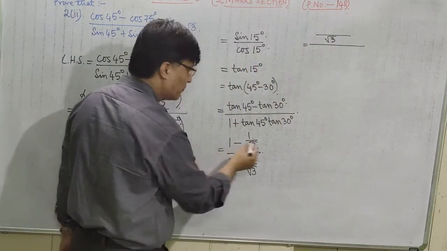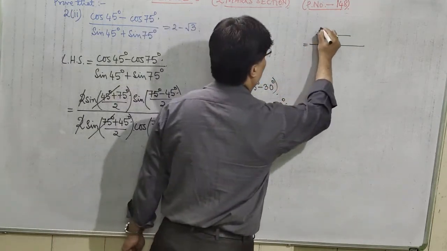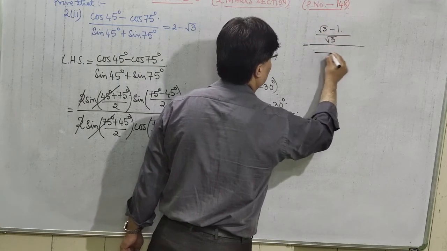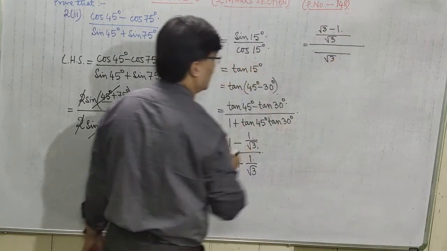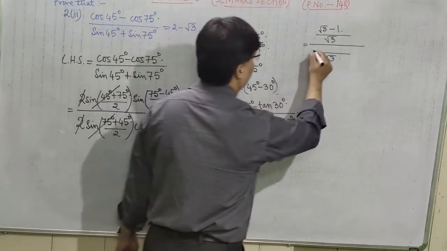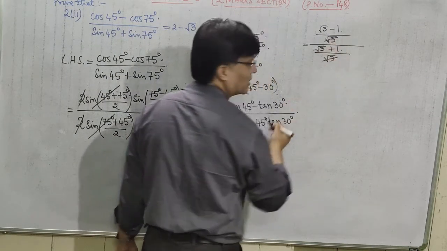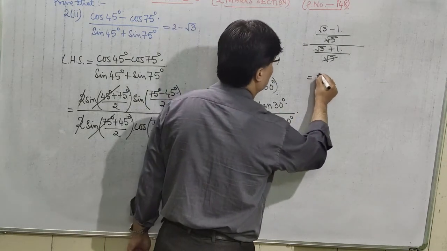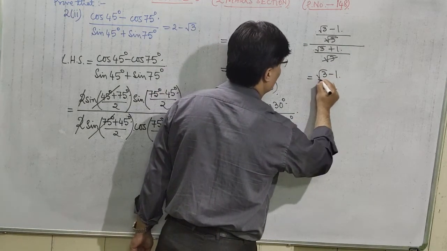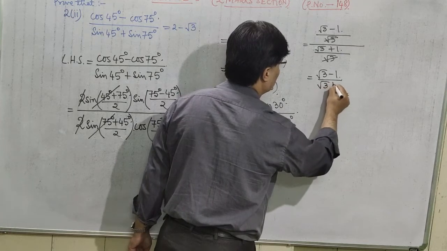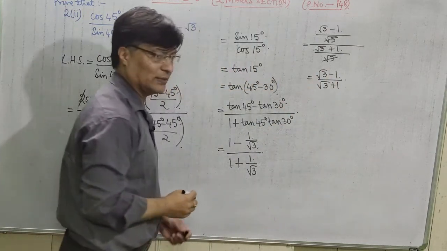It is root 3. Root 3 ones are root 3. It is root 3 minus 1. In the denominator also, LCM is root 3. Root 3 into 1. This is root 3 plus 1. So here root 3 gets cancelled. So this is equal to root 3 minus 1 divided by root 3 plus 1.